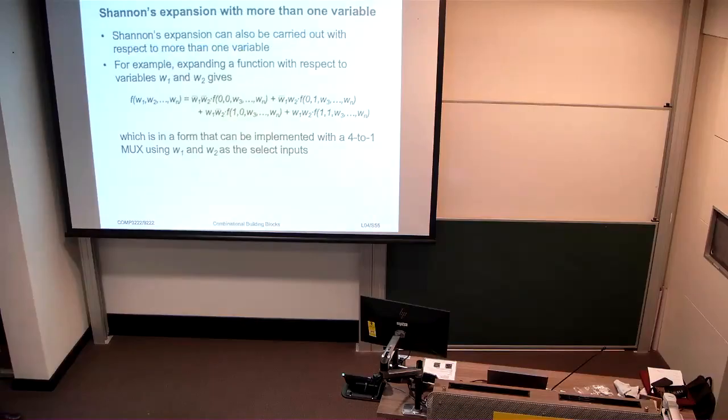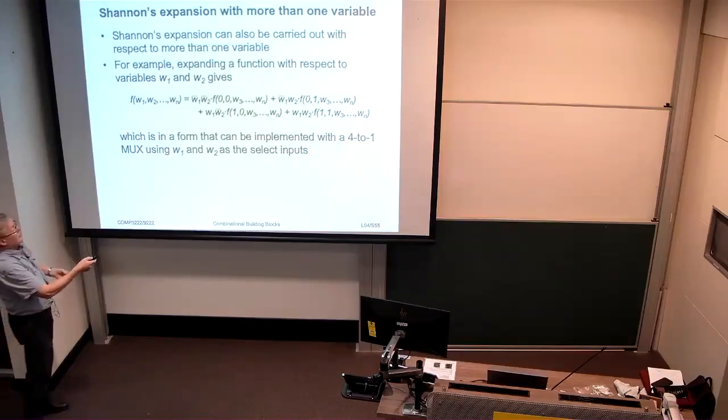Okay, we don't just have to expand with respect to one variable. We could be doing it with multiple variables. So if we're mapping to a 4-to-1 mux, then we want to do our Shannon expansion with respect to 2 variables, because we've got 2 selectors on a 4-to-1 mux. Here is the expansion with respect to W1 and W2, right?